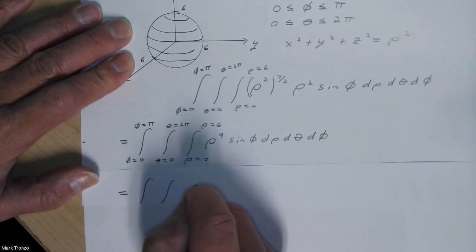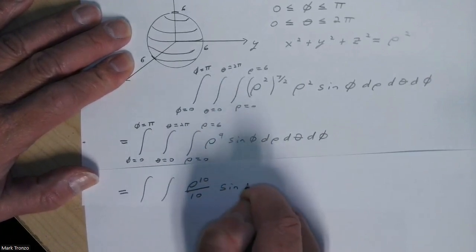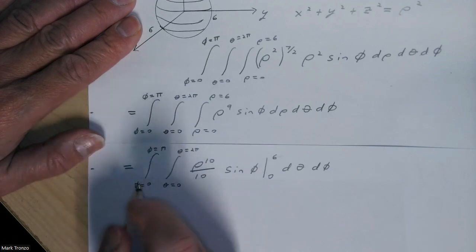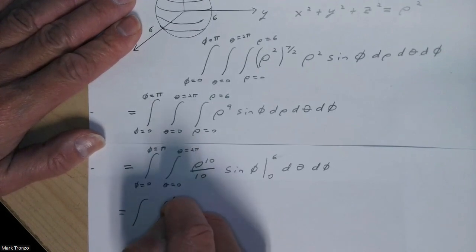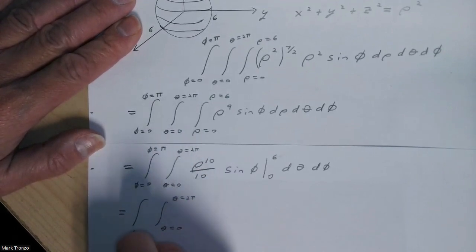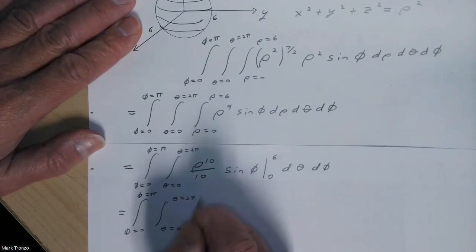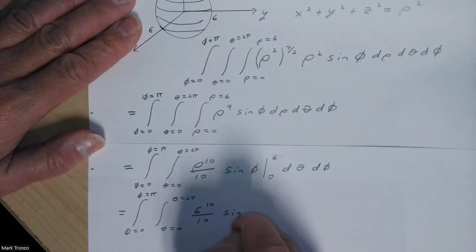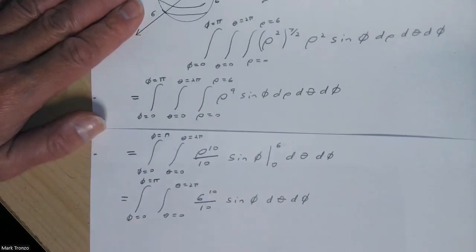That's going to give us rho to the 10th divided by 10, sine phi. Now put the bounds in. This would be 6 to the 10th divided by 10, sine phi, d theta d phi like this.